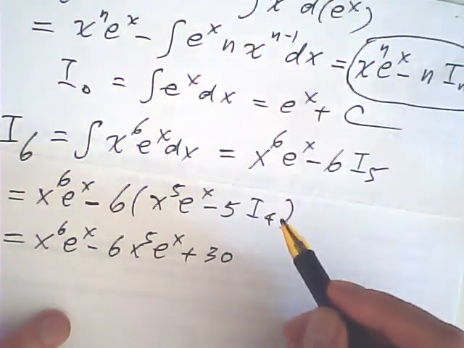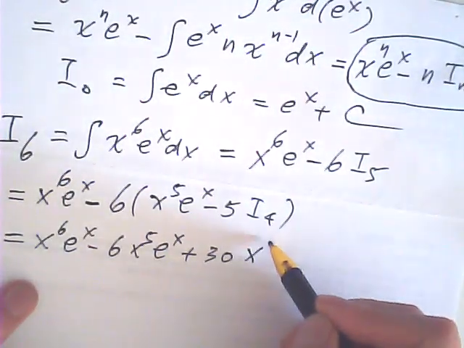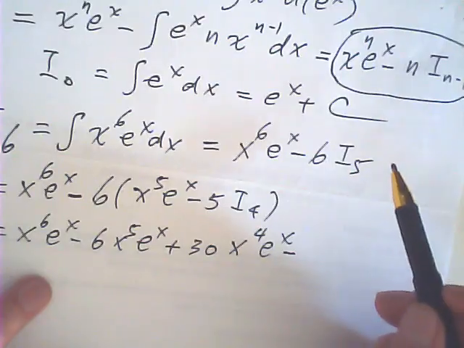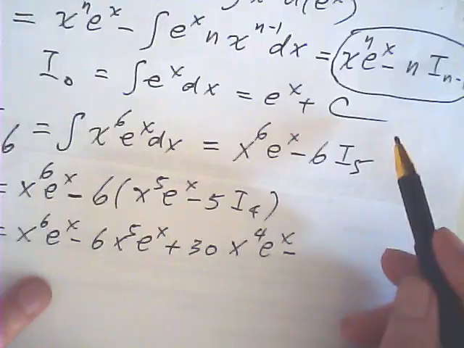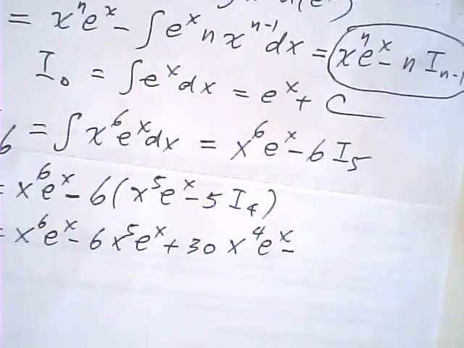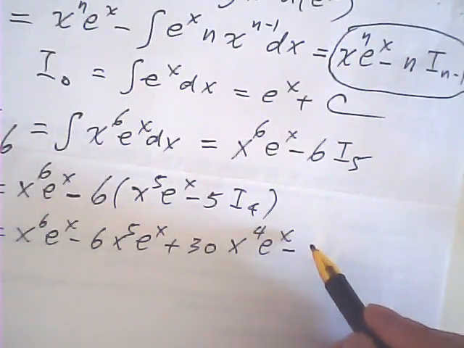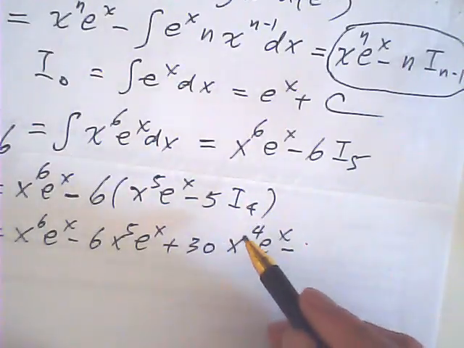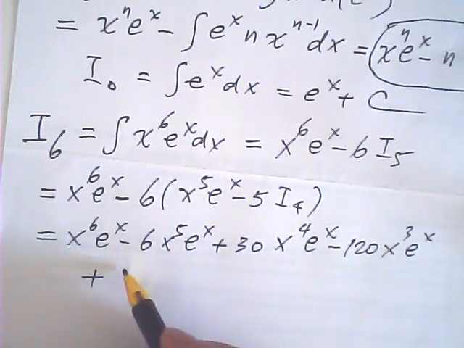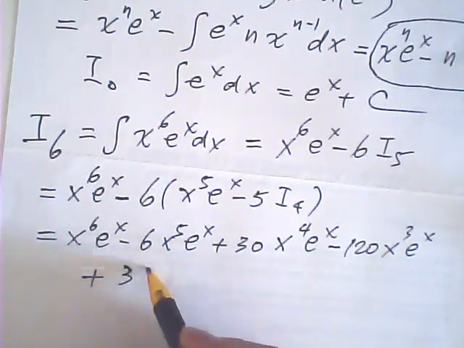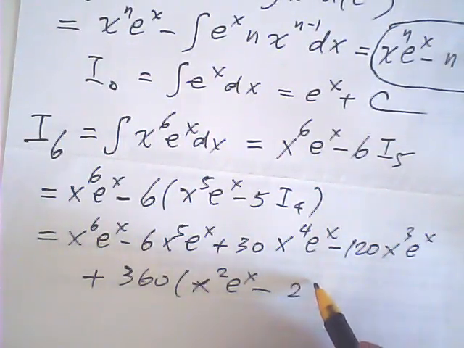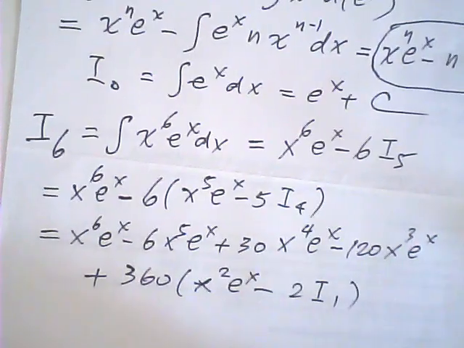I4 is what? I4 is x to the fourth e to the x minus 4 I3, then it's minus 120 x^3 e to the x, and continuing plus 360 x squared e to the x minus 2 I1.